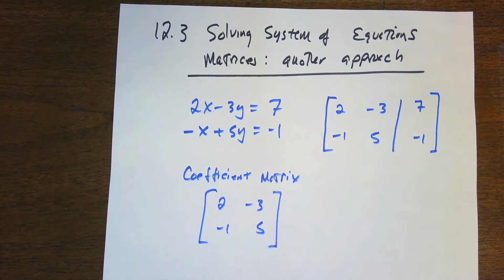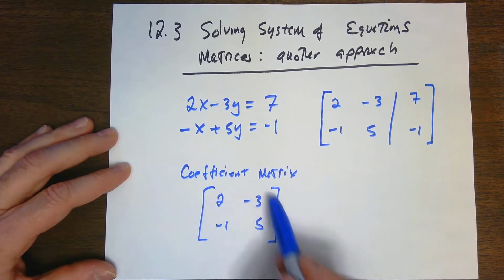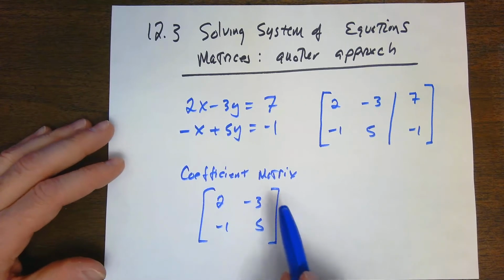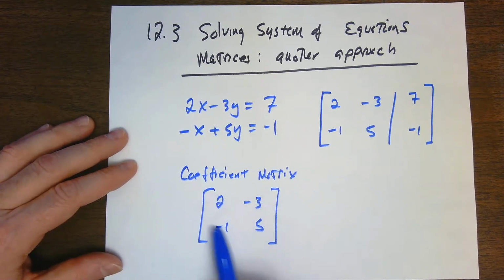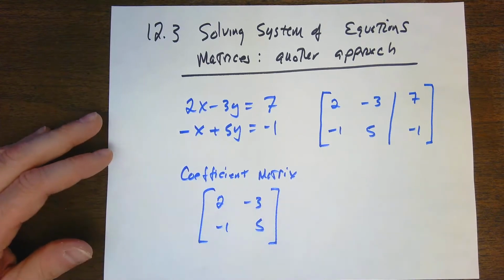That's the matrix we're going to be working with. Later, we'll see that the constants do play a role, but I want to talk about this little square matrix. We call it a square matrix because it has the same number of rows as columns.